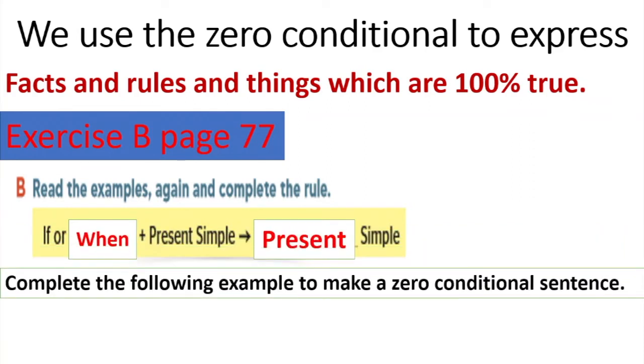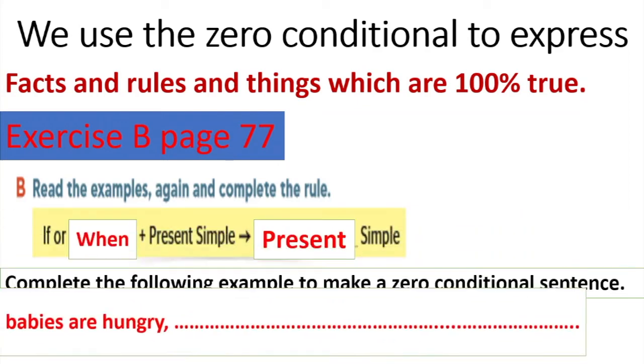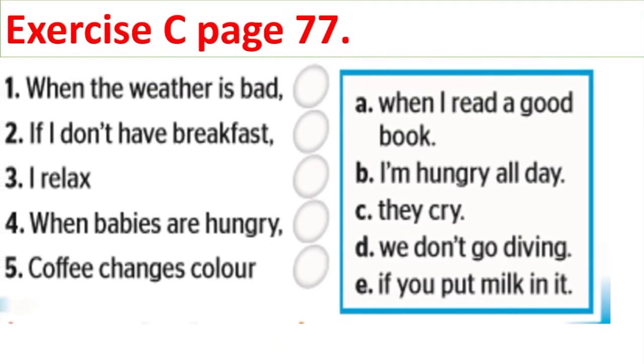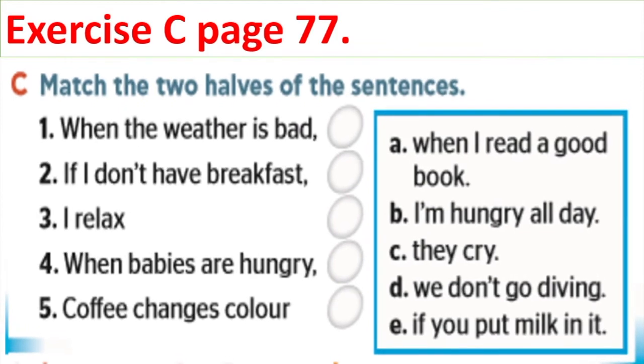Now complete the following example to make a zero conditional sentence. When babies are hungry, definitely, they cry. Now it's your turn to look at the student's book, page 77, and match the two halves of the sentences.